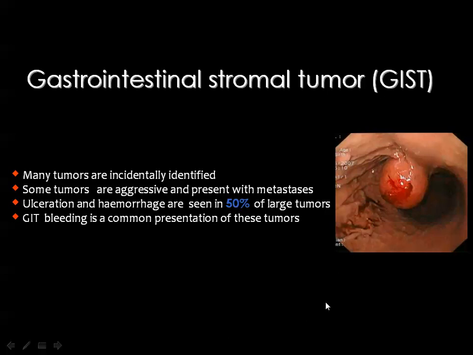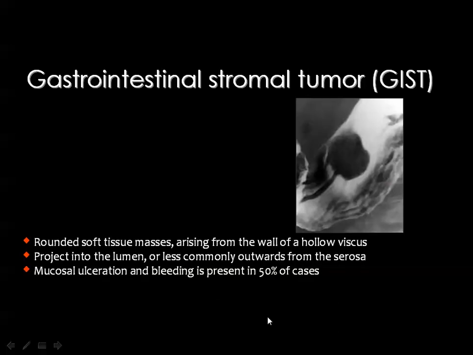Ulcers and hemorrhage are common in these tumors, especially the larger tumors, and the reported incidence is about 50% of large GIST tumors may show ulceration and hemorrhage. And in this particular situation, GIT bleeding will be one of the common presentations.